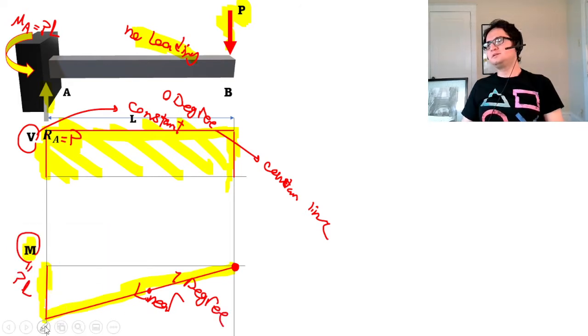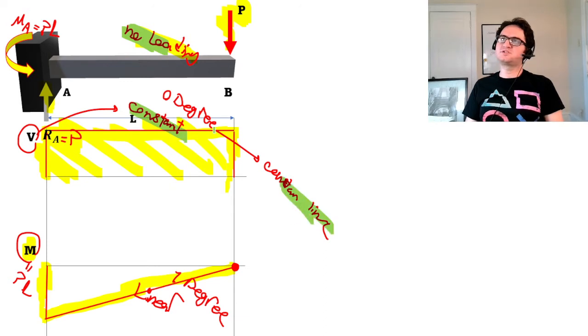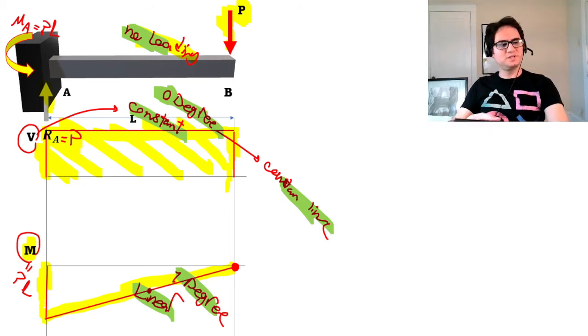You can easily follow that no loading means it just comes to a constant line, which you can call 0 degree, and one degree higher is linear, that's 1 degree. That's how we can approach the shear and moment diagram, from the easiest to the toughest.